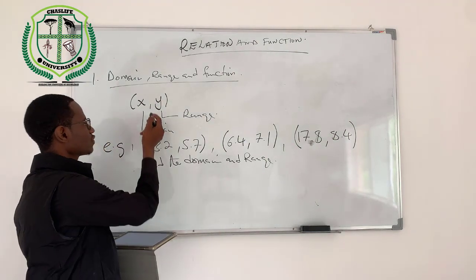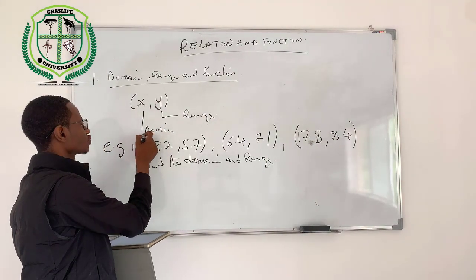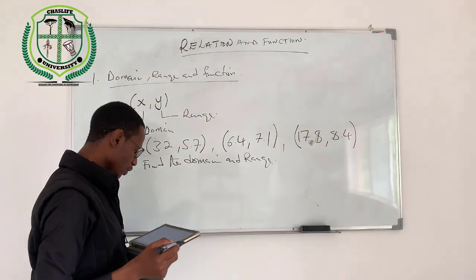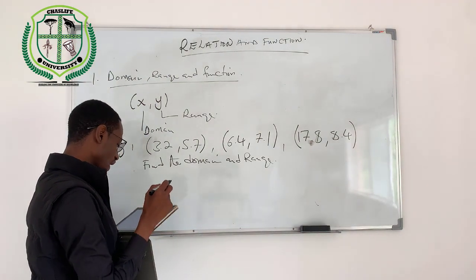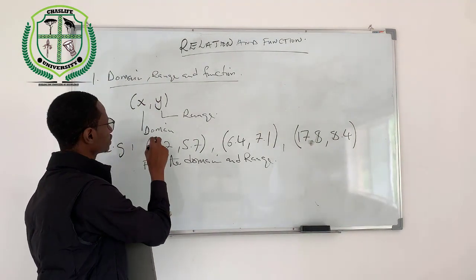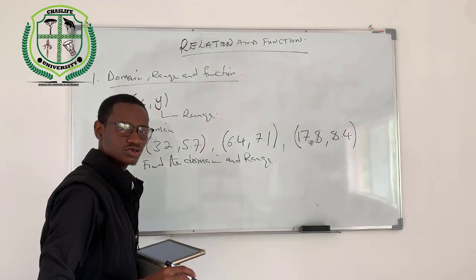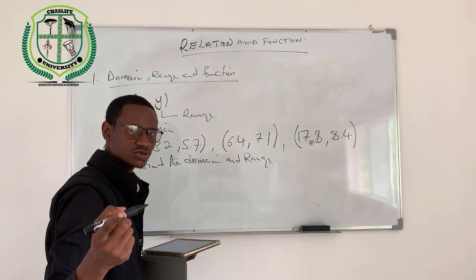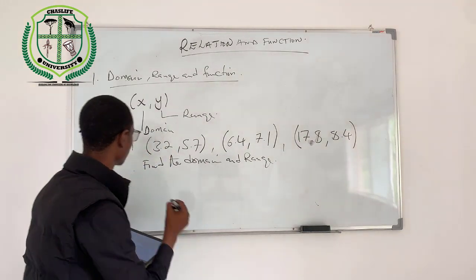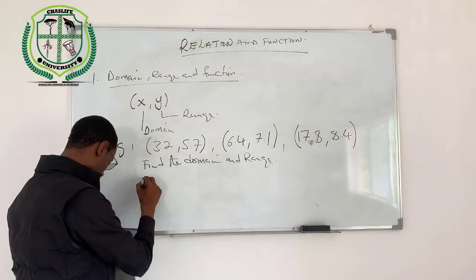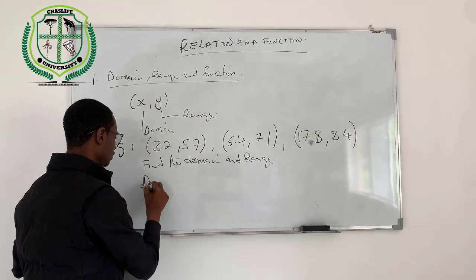It is as simple as follows. Remember what we indicated: the domain is always the first component of the ordered pairs, and the range is the second. So you do it quickly, let's see what you have. Awesome.